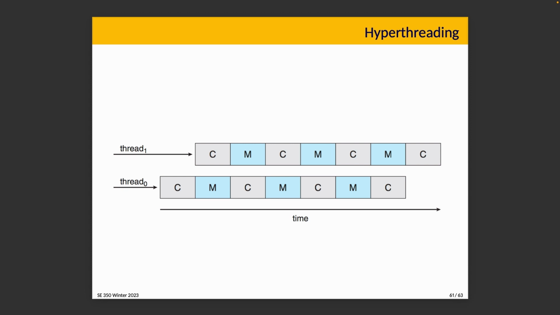If we have thread 0 that's executing, when we get a memory stall, we can switch very quickly to the other thread that's sitting around and waiting for us. And when that's the case, then we just pick it up and go with it. And it will eventually at some point also get a memory stall, in which case, all right, we know what to do. We'll switch back to the other thread if it's ready. Reality is, of course, not always this tidy.